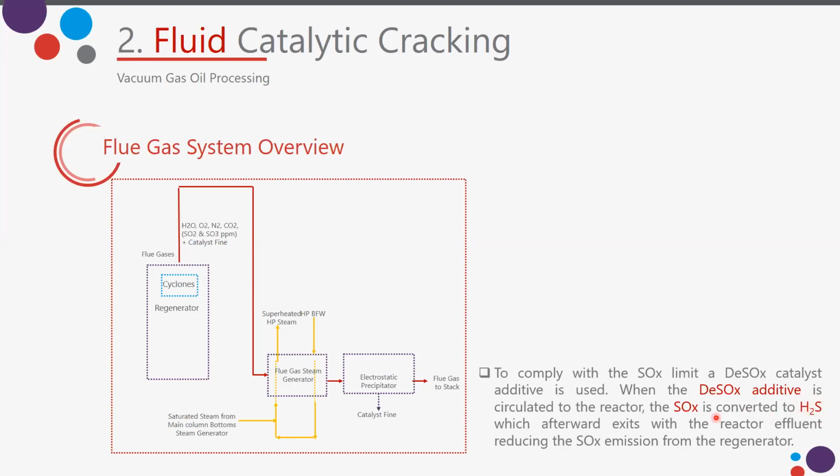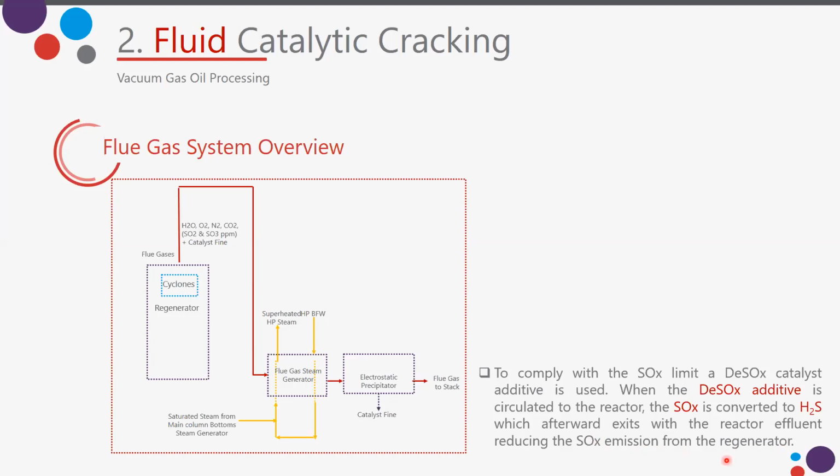But this is an additive that we will see later also in the PDF. It transforms SOx into H2S. So to comply with the SOx limit, a desox catalyst additive is used. When the desox additive is circulated to the reactor, the SOx is converted to H2S, which afterward exits with the reactor effluent, reducing the SOx emission from the regenerator.